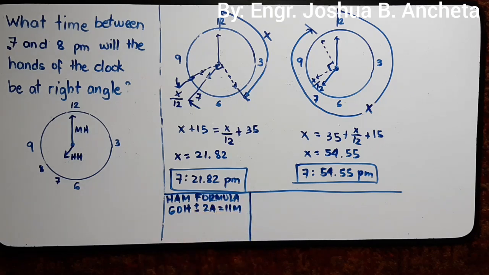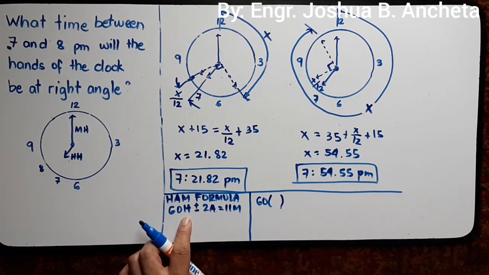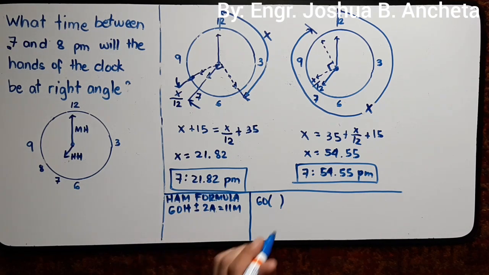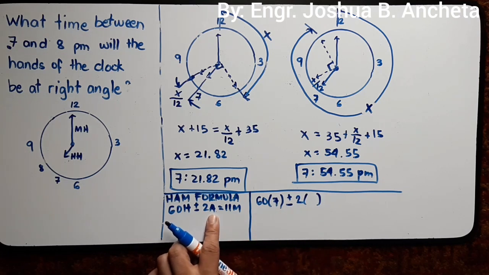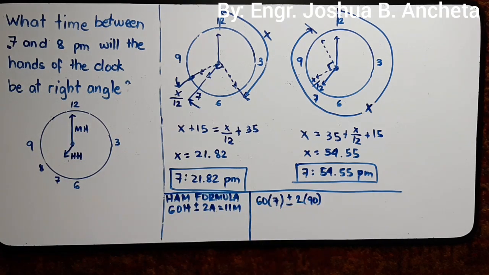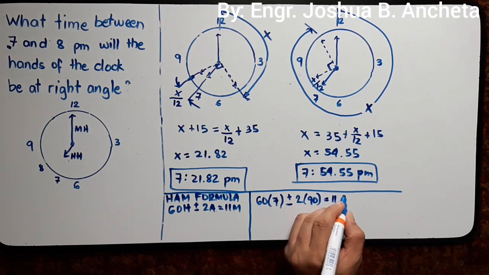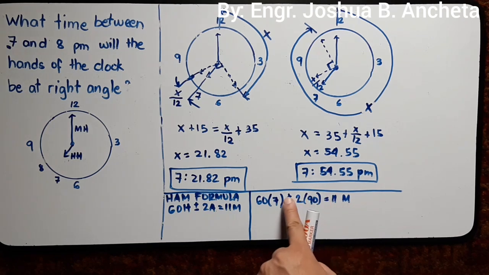Let us substitute. 60, where H stands for the hour hand, the initial position of the hour hand, and this is 7. Plus and minus 2A, where A is the angle between the minute hand and the hour hand. So A is right angle or 90 degrees, equals 11M. So you just need to solve for M using plus and using minus.